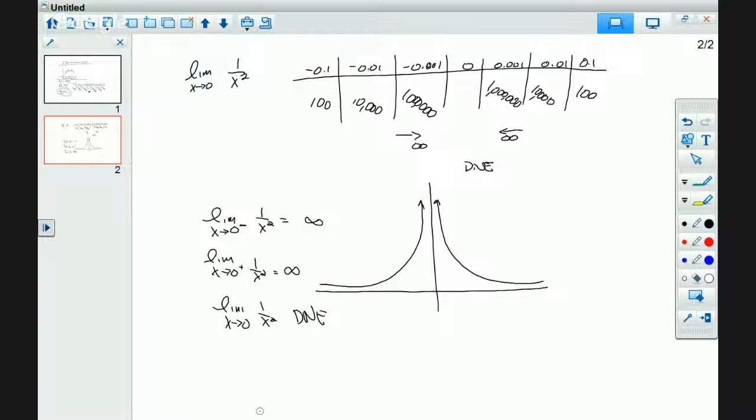They never come together. This is the answer for the original question.